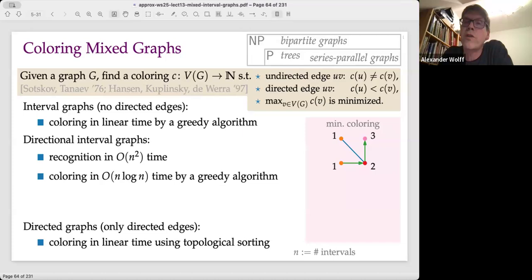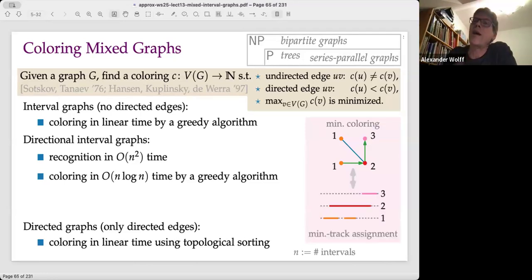And then we can use such a minimum coloring, as in this case here, hopefully correctly colored, this mixed graph, to get my track assignment for the previous problem. So I use the colors of the directional interval graph, and they give me the tracks for my graph drawing problem. There's a one-to-one correspondence.